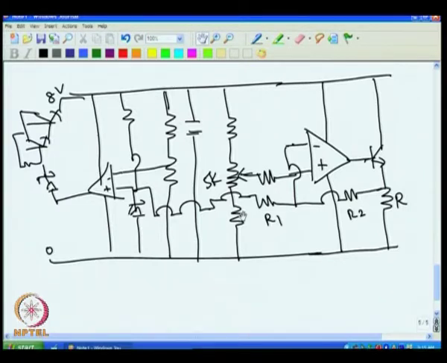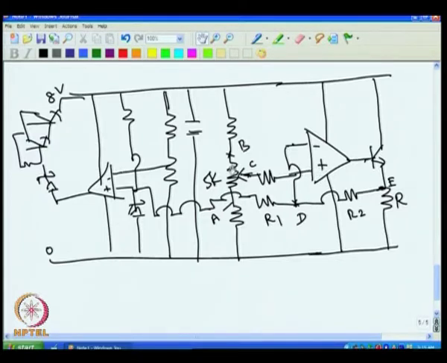Now, how to select this R1 and R2? Assume that I mark the points now. I assume this is A, this is B, this point is C, this junction is T, and this point is E. Now, when the center tap is at A, the potentiometer being a mechanical system, we need the op amp to work, so assume that we need 2 volt.